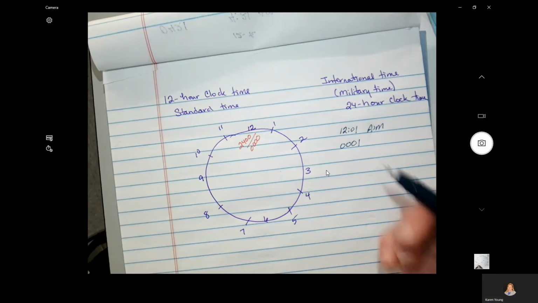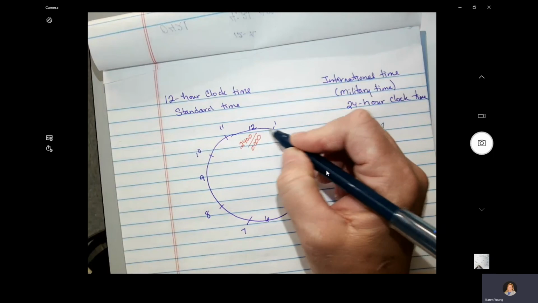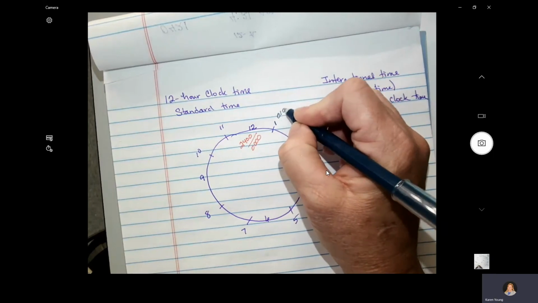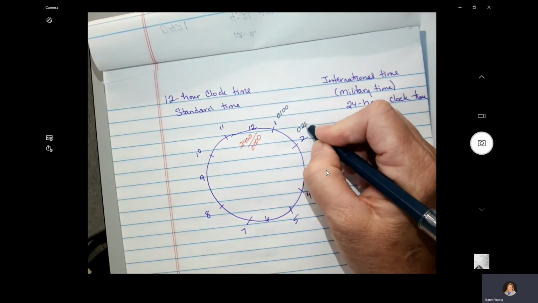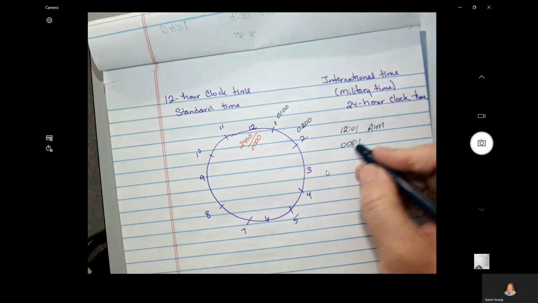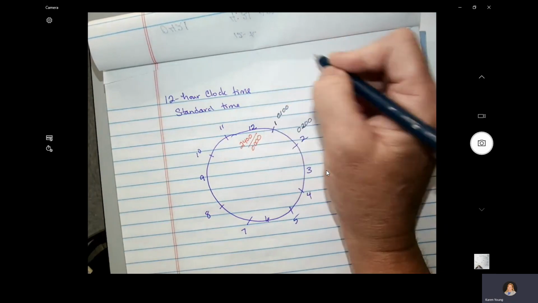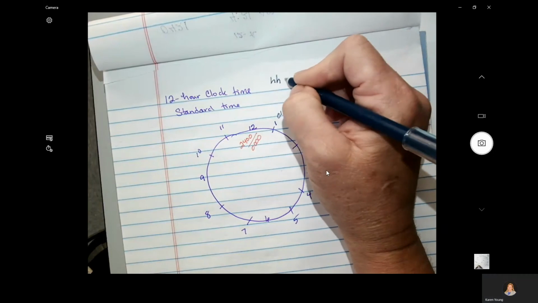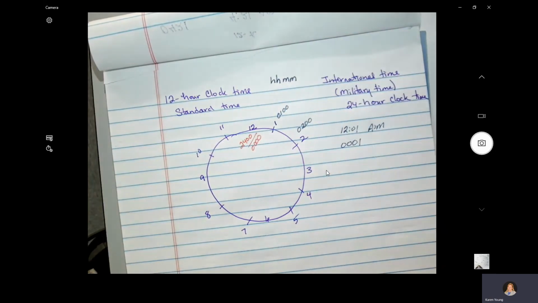If I'm writing military time, 1 AM is 0100. 2 a.m. is 0200. When you're writing military time, your first 2 digits are hours and your second 2 digits are minutes, so it's always a 4-digit number.